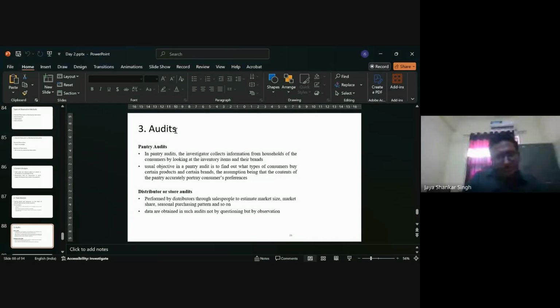Based on that, they will make some conclusion: okay, these particular brands are there in their inventory, so most of the people are buying these products. So based on past data, you are not doing direct investigation. You are not asking any questions. You are looking at past data.